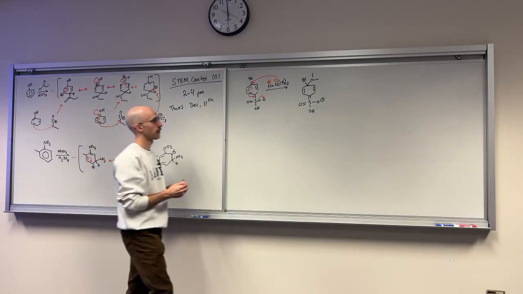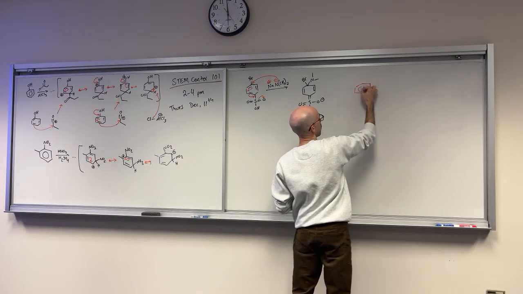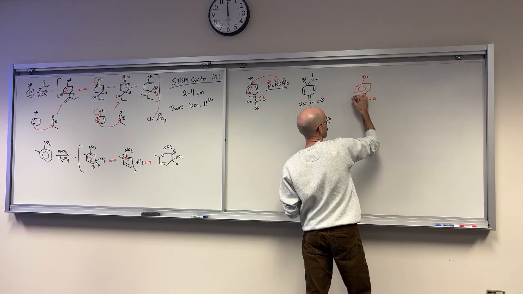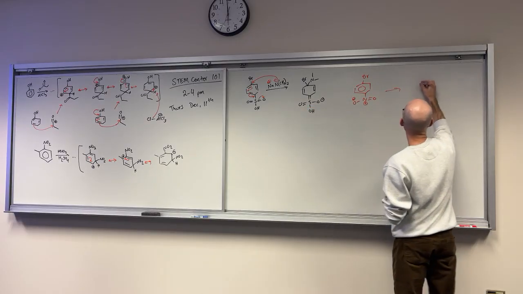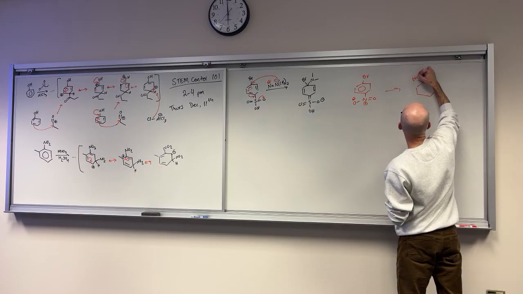Now, Killian, to your question, if this was a nitro group instead, the nitro group has a very interesting structure. It's already a Zwitter ion.